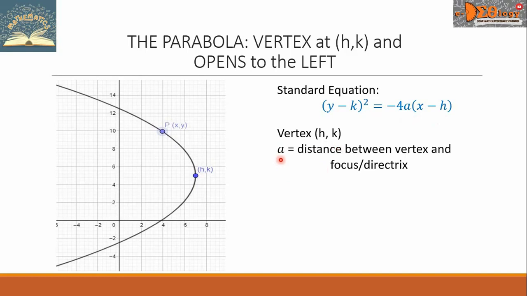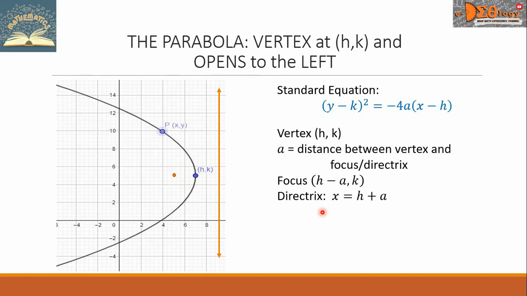This a is the distance between vertex and focus or directrix. With regard to the value a, the focus has coordinates (h minus a, k). In our graph, this is the focus.